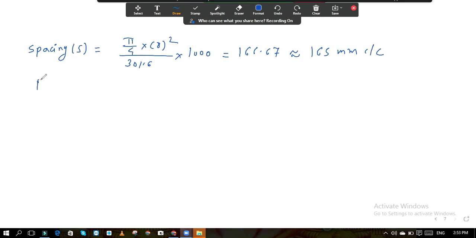So here I can write provide 8 mm diameter bars about 165 mm center to center. So this is your distribution steel.